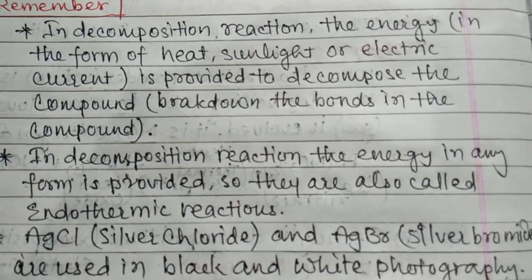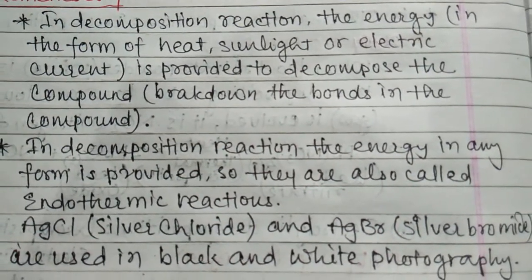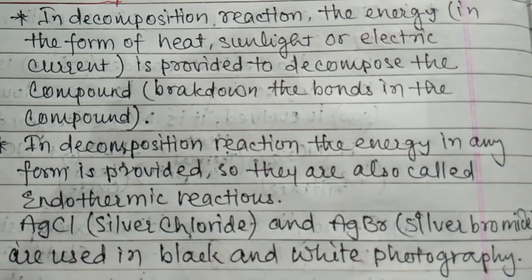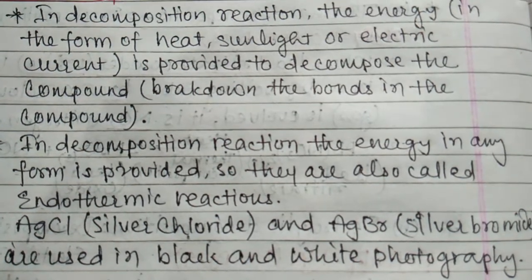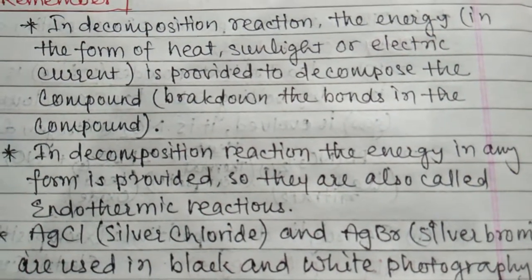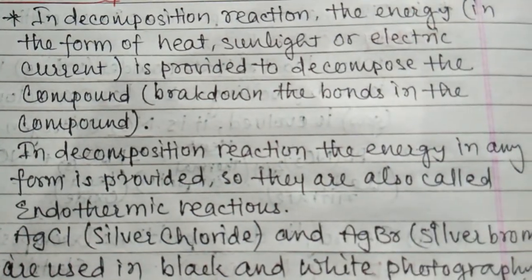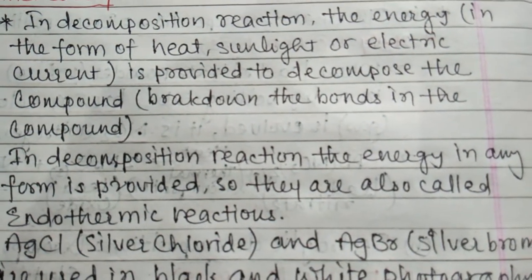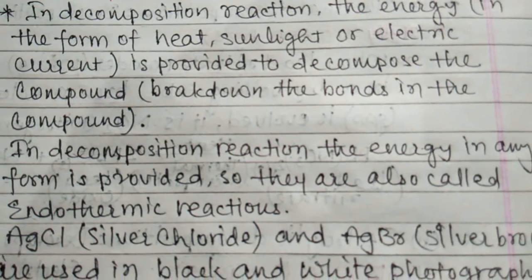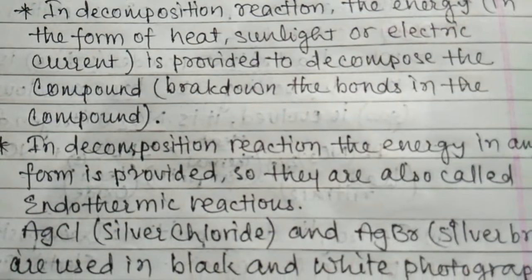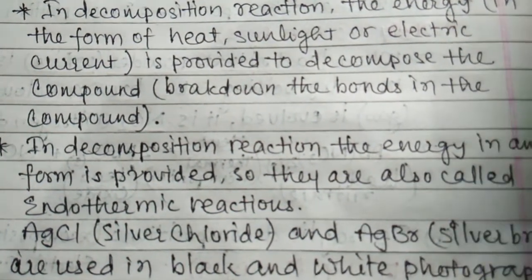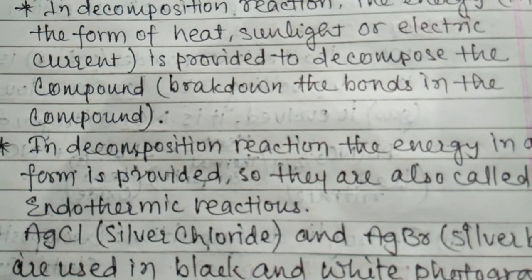In a decomposition reaction, energy in the form of heat, sunlight or electric current is provided to decompose the compound. So a decomposition reaction does not occur without any energy. So it is called an endothermic reaction.